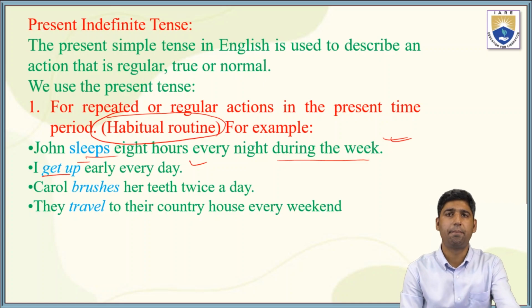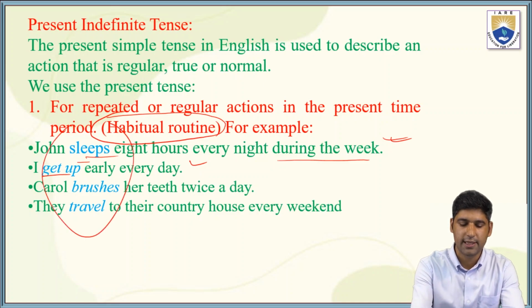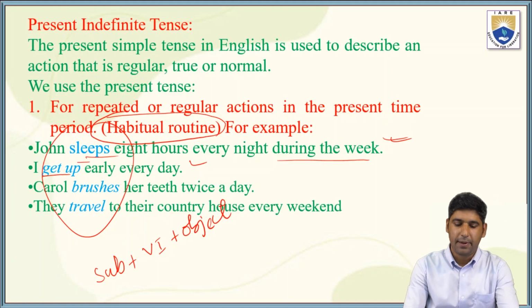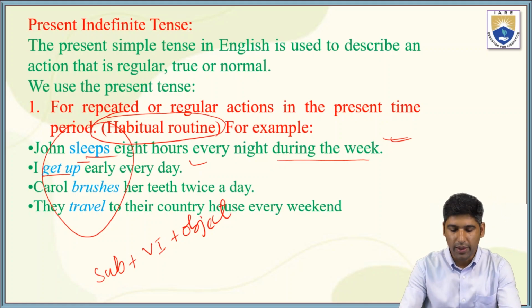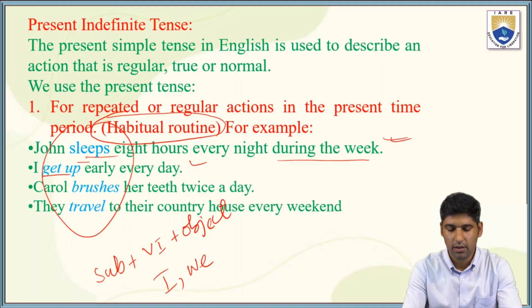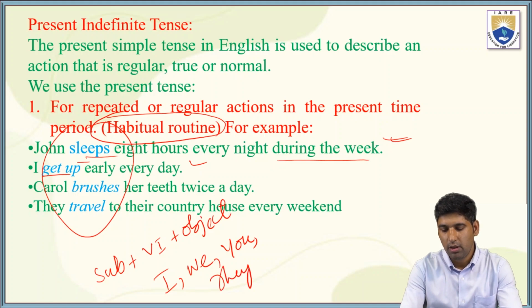In order to form a present indefinite tense, I'll tell you first the structure so that you can understand these forms of verbs. The structure is we require subject plus verb first form plus object. This is the structure required for present indefinite tense. Now when the subject is first person singular, like I, or first person plural we, second person or third person plural, we use verb first form.